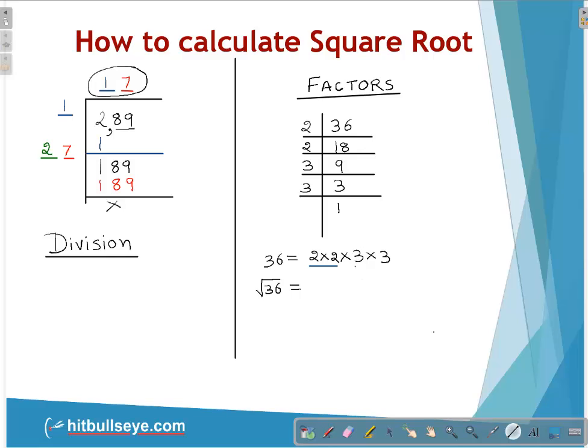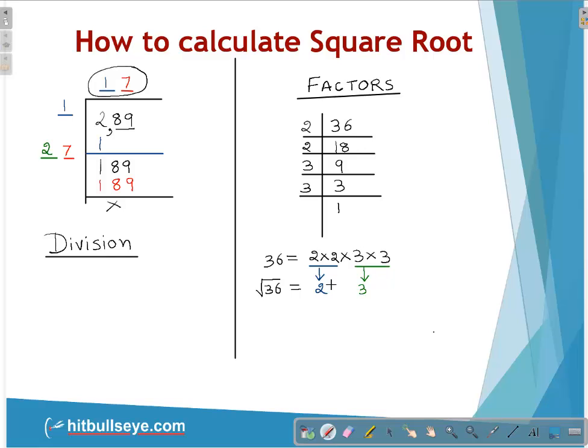So here I have made a pair of 2 as well as a pair of 3. Now, for every pair that we have made, while taking the root, we pick up a single factor. So for a pair of 2, I have picked up a single 2. Similarly, for a pair of 3, I have picked up a single 3.